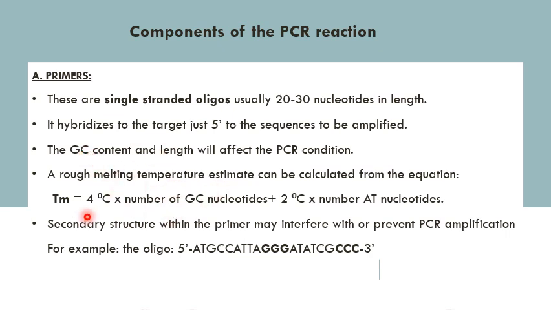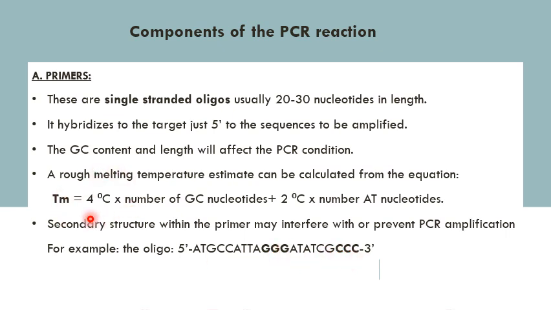For example, if I want to calculate the melting temperature of a certain primer, I just need to know the G and C content and the A and T content. Then I multiply the GC content by 4 plus the AT content by 2. For example, for this primer, you count how many G and C nucleotides: 1, 2, 3, 4, 5, 6, 7, 8, 9, 10, and 11.